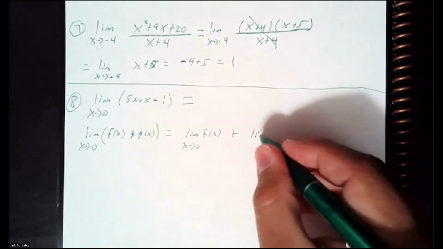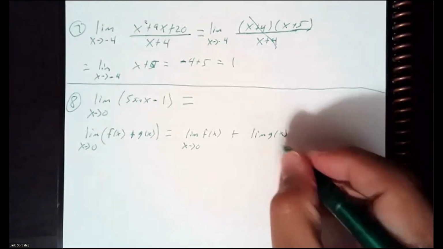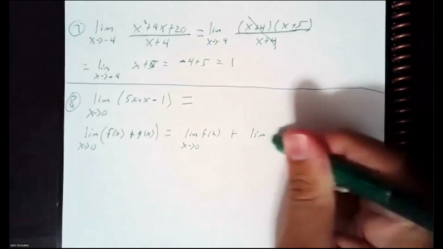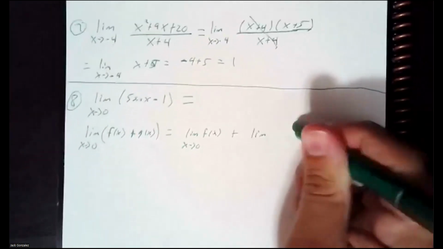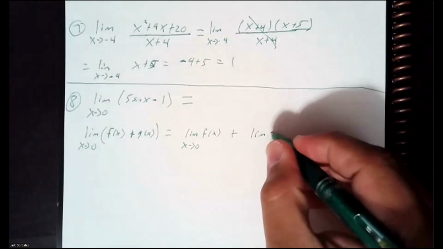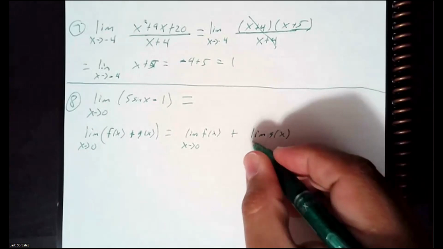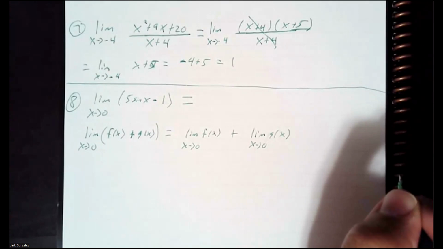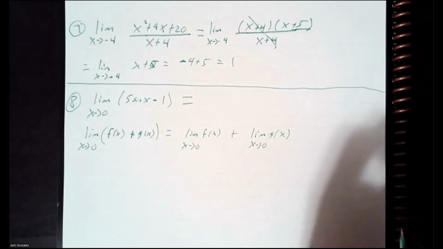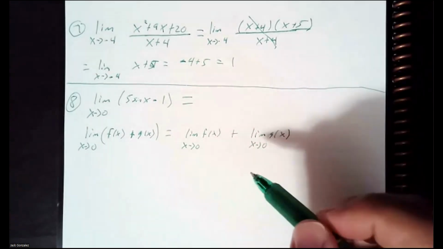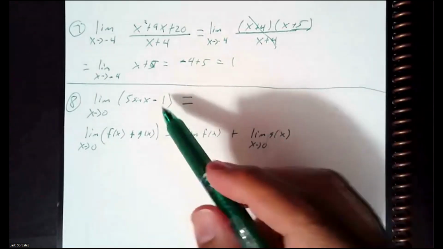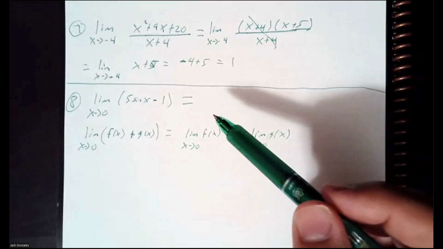You can separate them into 2 parts, and then pull out the 5 if you really wanted to. Sometimes it helps to use these properties. But here, you don't really need to, right?